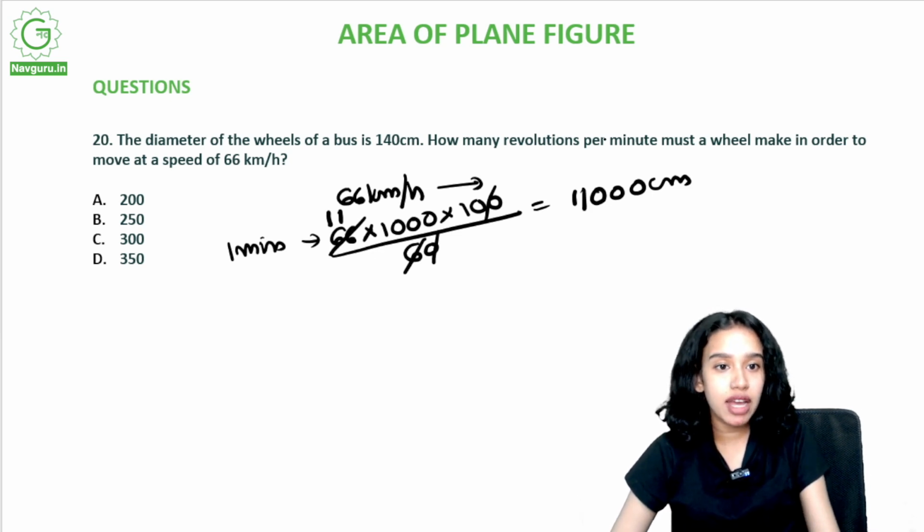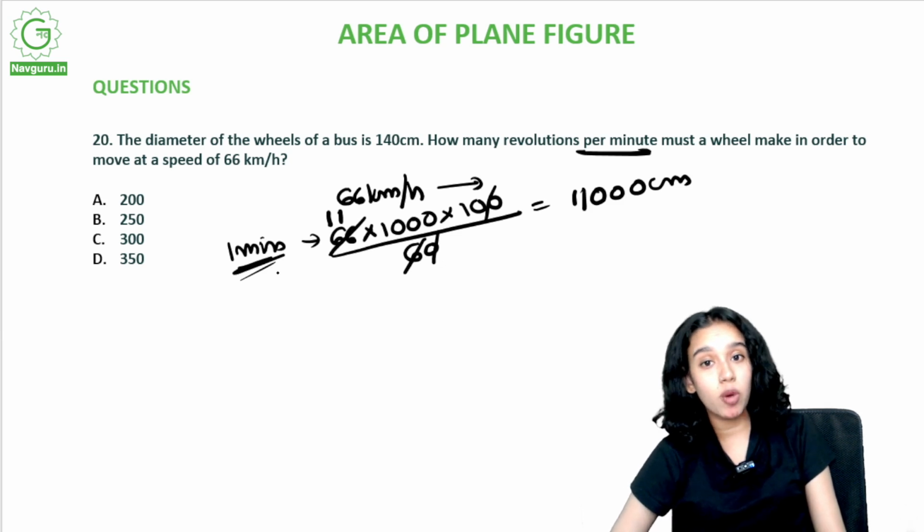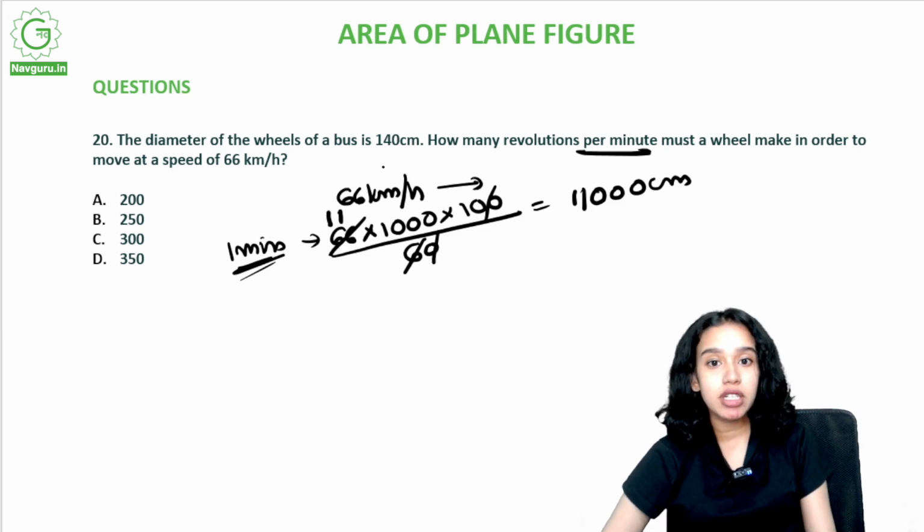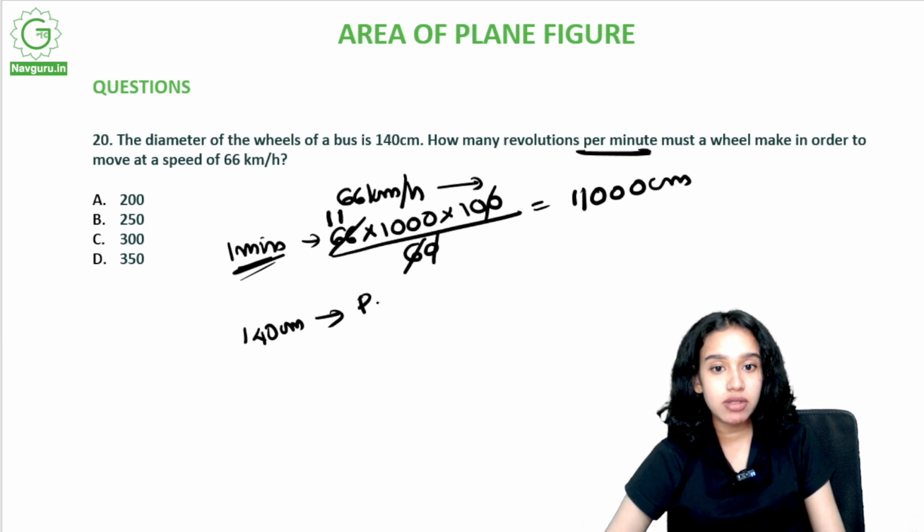Now we have to calculate per minute. That's why we are calculating how much distance it covers in 1 minute. The diameter of the wheel is 140 centimeters. So what is the perimeter of it? Perimeter of the circle is equal to 2 pi r. So 2 pi into r, where r is 140 by 2, that is 70.